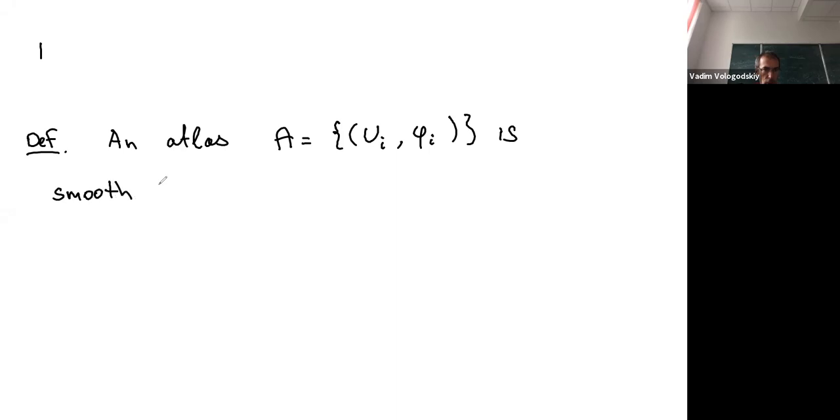An atlas, a collection of open subsets and homeomorphisms between U_i and open subsets of Rn, is said to be smooth if all transition maps are smooth.